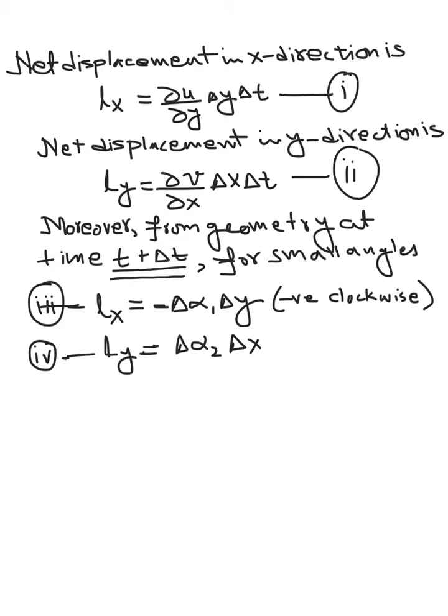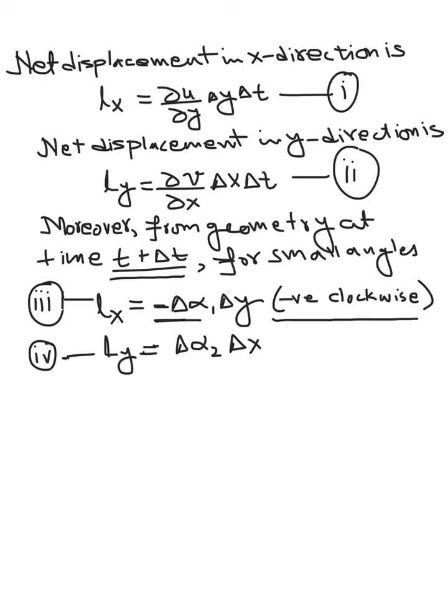This negative sign is because the vertical side of that fluid element is rotated in the clockwise direction, and that's why the angle is negative, and that's why I put the negative sign there.